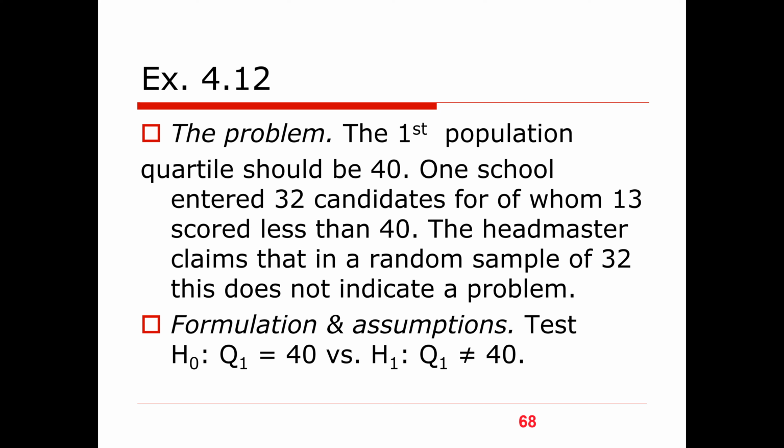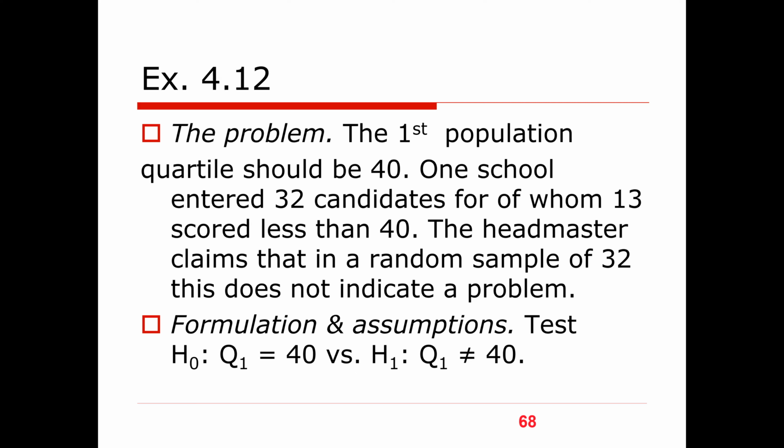But now this school has 13 less than 40, 5 more than 8. So then the parents challenge the headmaster if their school performance is below the national standard. So let's test if this school performance is below the national standard or just okay.